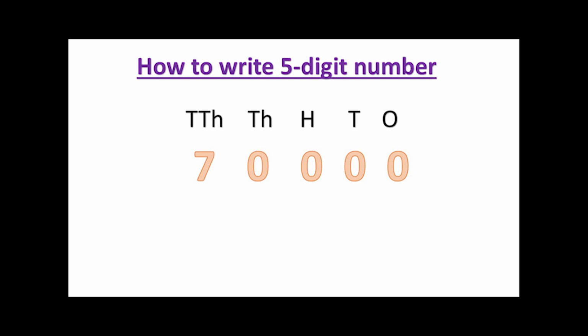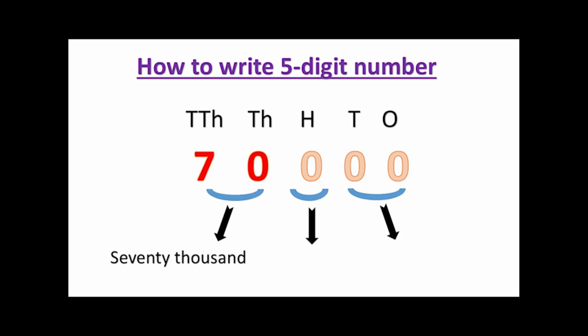Now let's try this. Here we have one more 5-digit number. So again we divide it into 3 parts: 2 digits, 1 digit, 2 digits. Now the first part of the number name will be 70,000. The second part will be 0, meaning 000.